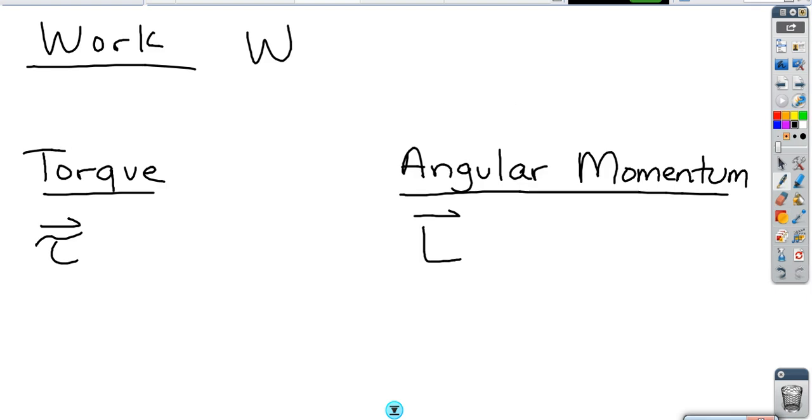Alright, the last topics have to apply the various products that we learned between two vectors. We've already talked about in class work as being a dot product between force and some displacement vector. I'll call that delta r since you know what that means now. And so you can find this in two ways.